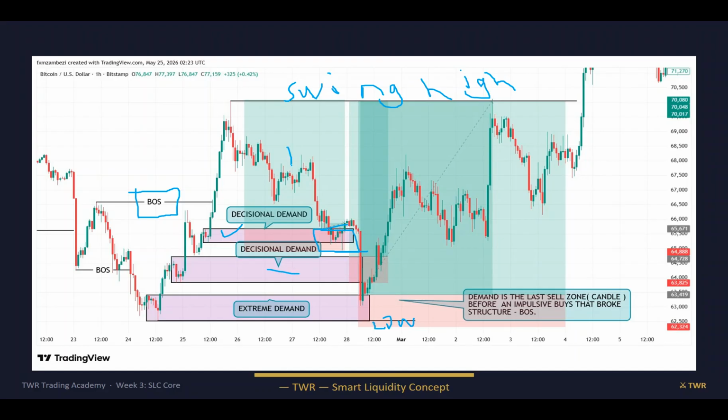We can see the first guys, the second guys, then the third guys, the demand in the extreme demand, the last sell candle that pushed price to break structure, and gaps that are left here, plus liquidity.